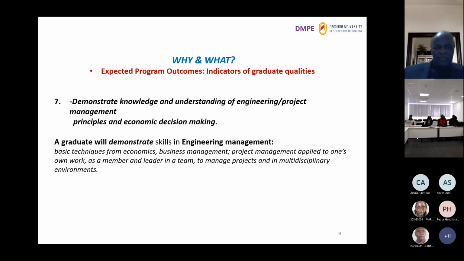And their sense of business management or project management is very, very essential. And those skills have to develop within projects and multidisciplinary environments which their research may take them to.